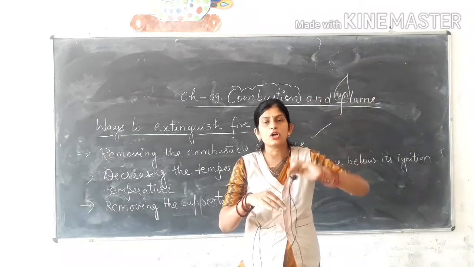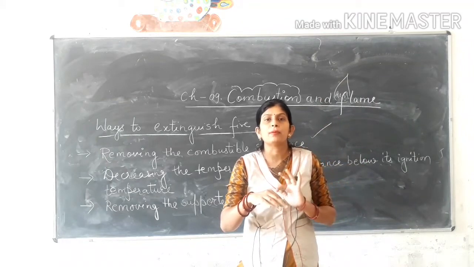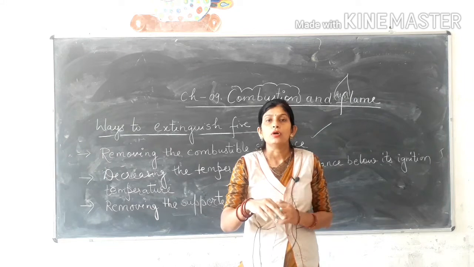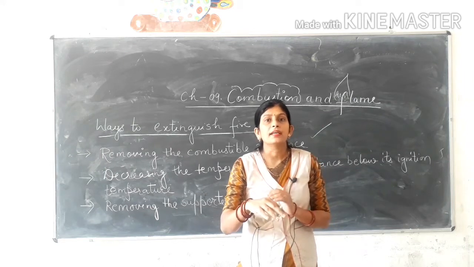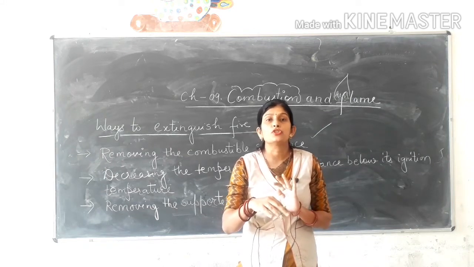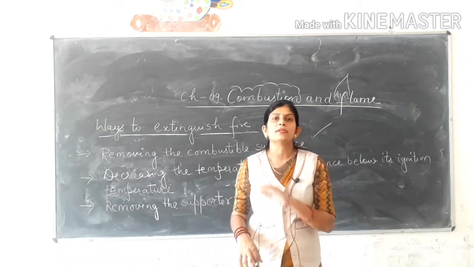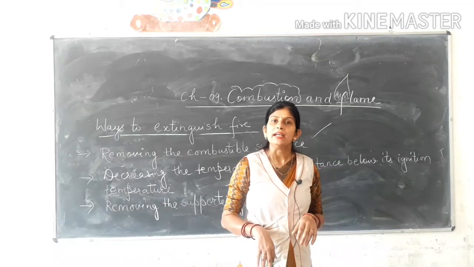Now oxygen is not supplied to the fire, so it will stop burning. It will be extinguished in the absence of oxygen, because burning only takes place in the presence of oxygen.